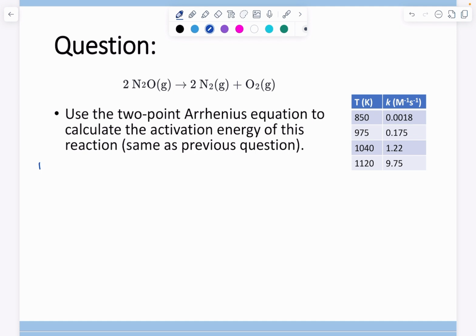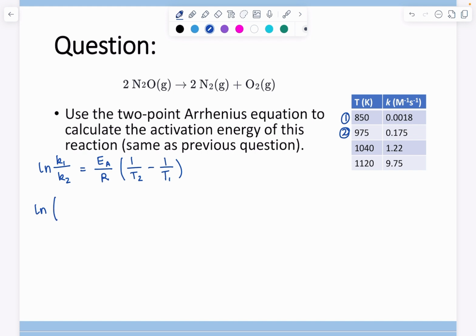So just rewriting that equation, we have natural log of K1 over K2 is activation energy over R times 1 over T2 minus 1 over T1. We could pick any two of the data sets. I'm just going to pick the first 2 rows and calculate activation energy there.